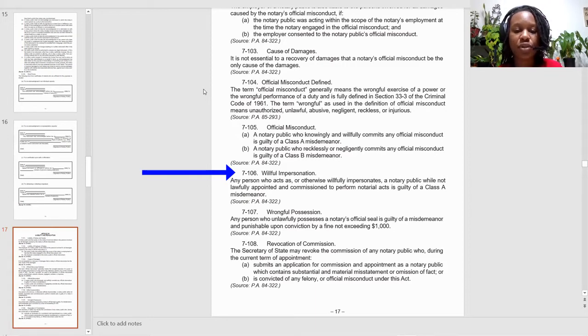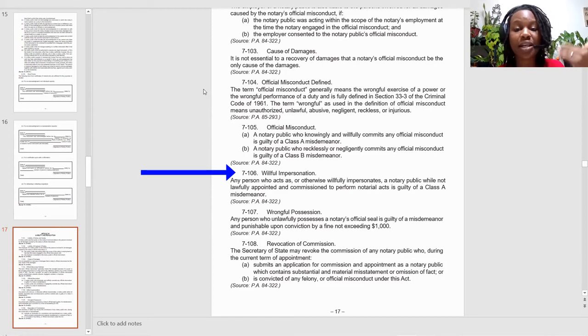So therefore, if you did not change your name and you should have, and you're still performing notarial acts against the name that is on your commission, if you have moved and your county of commission and residence is not the same, if you live outside the state of Illinois, or if your place of business has changed counties against your commission, any of those things will cause your commission to cease and you are no longer to perform notarial acts.